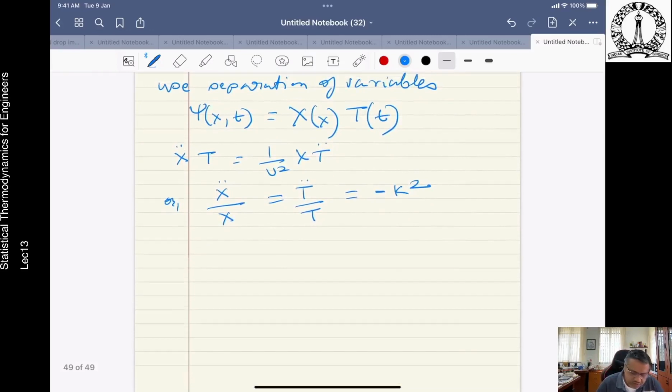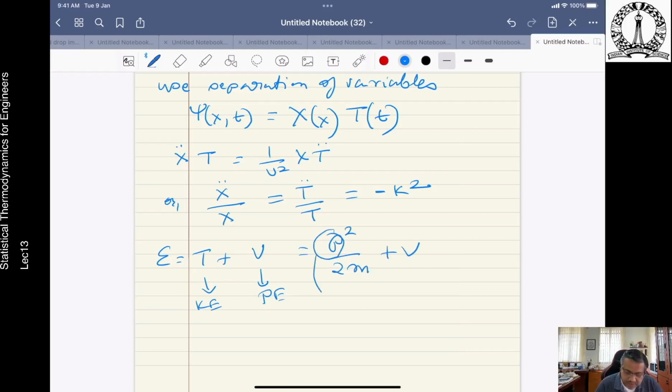Now the total energy is T plus V. This is kinetic energy and this is potential energy. This can be represented as p squared by 2m plus V, where p is nothing but the linear momentum.